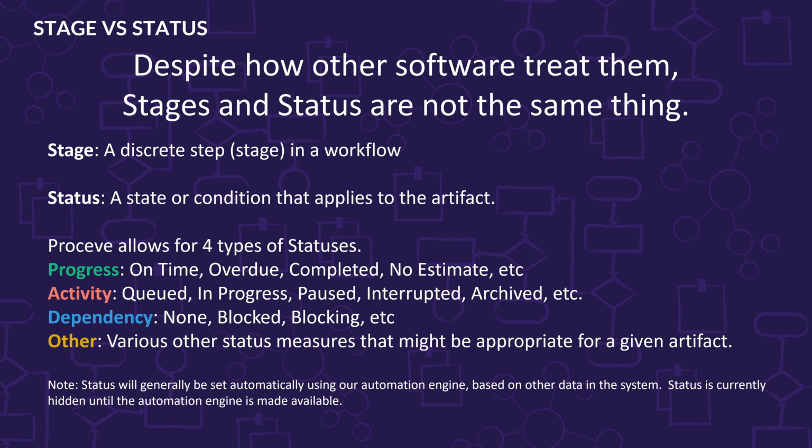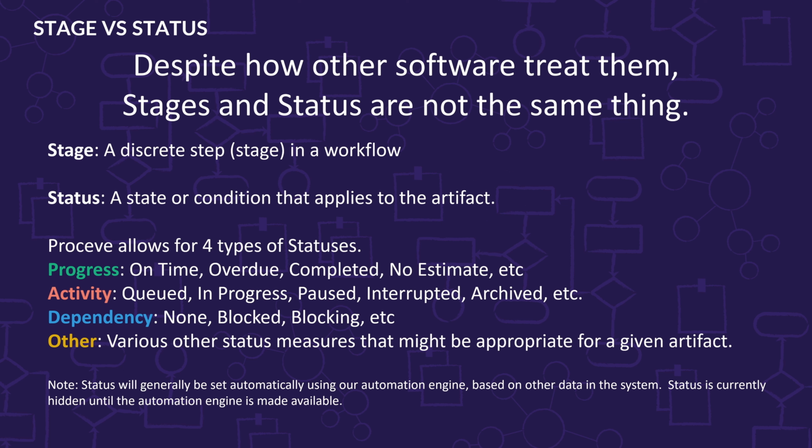On the dependency side, dependencies typically could be none, blocked, or blocking. So if I don't depend on anything and nothing depends on me, then dependency wise, its status is none. If I'm blocking something, then my status might be blocking. Some other task is waiting on this one that's holding it up. By the same token, it could also be blocked by another task.